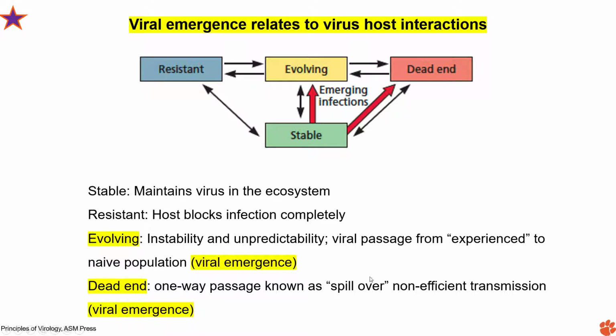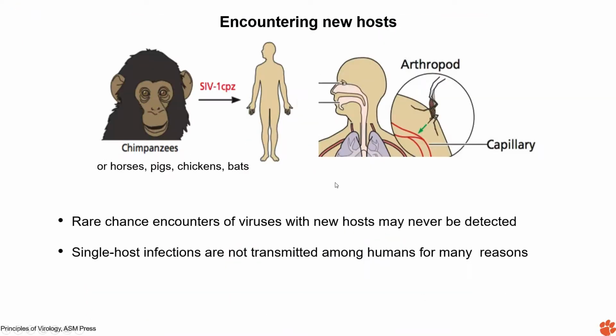So that's experienced host to the naive population that's evolving, say on the dead-end one-way passage, which is also called a spillover. Sometimes this can happen from a zoonotic source, or an animal. Just remember that a one-way passage, spillover, non-efficient transmission is usually from an animal, which we call zoonotic, Z-O-O, then N-O-T-I-C, zoonotic transmission. So just the basic definitions of these.